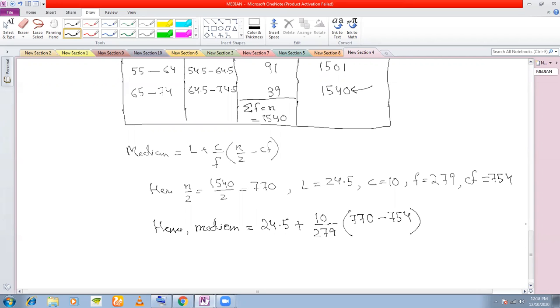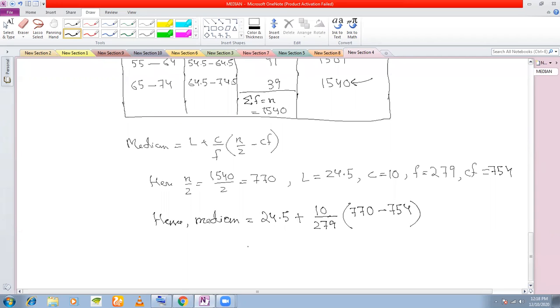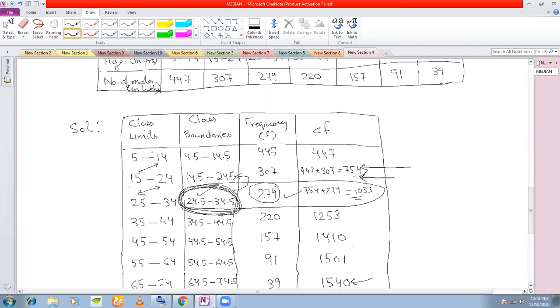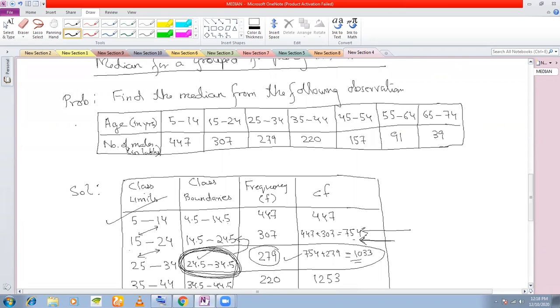Now you calculate this. This will come to 25.07 years. Why years? Because we are calculating the median of your age. This is your variate. Is that absolutely clear?